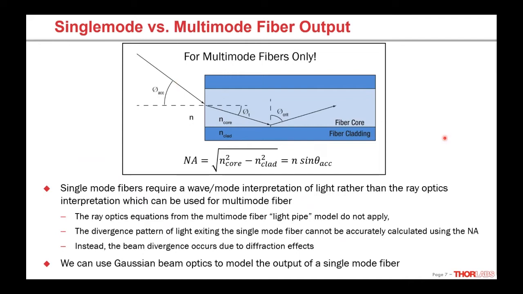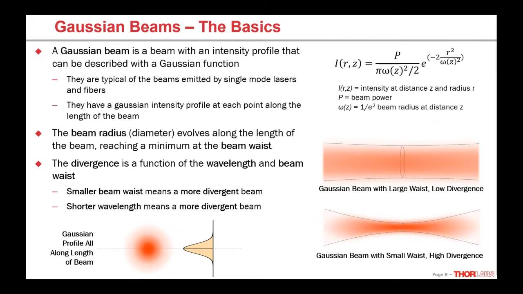For single mode fibers, we can't use this model. Instead, we're going to have to look at the way Gaussian beams behave, and that's how we're going to model the output of a single mode fiber. The next couple slides are a review of how Gaussian beams work in free space, and then we're going to apply that to how they work when exiting fibers.